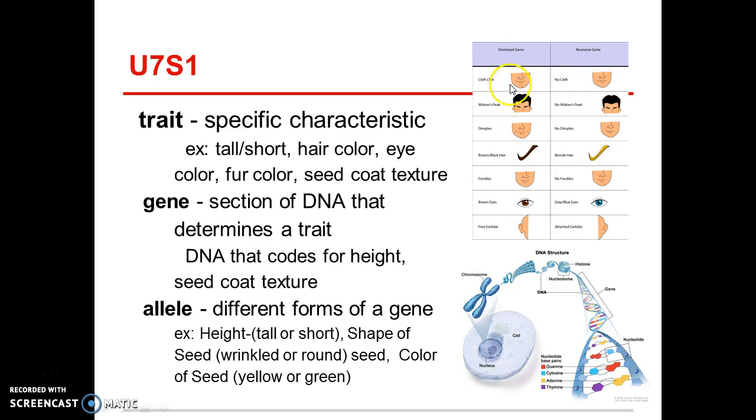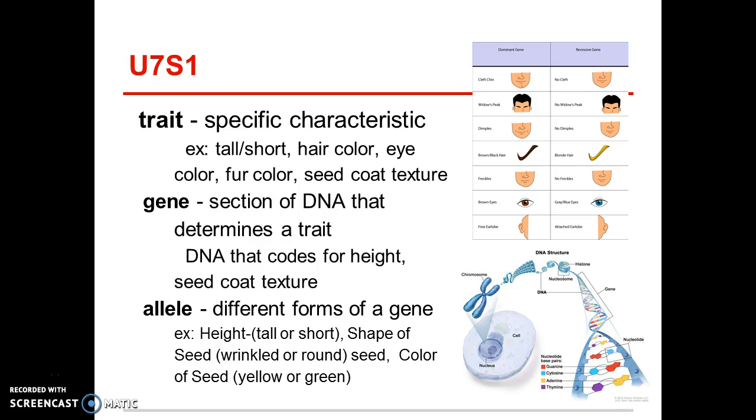For humans, here are a few traits: cleft in the chin, widow's peak, dimples, brown or black or blonde hair, freckles, brown eyes or blue eyes, free earlobes or attached earlobes at the base. Those are all traits, and we'll draw attention to these traits within the unit. Okay, so a trait is really a general characteristic.